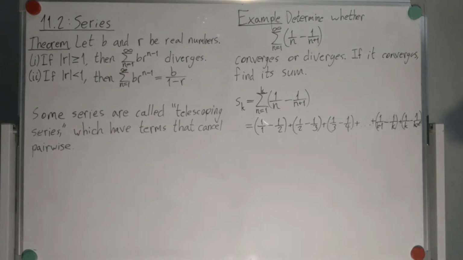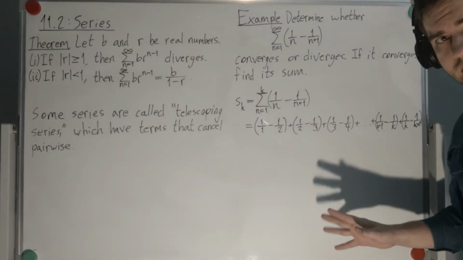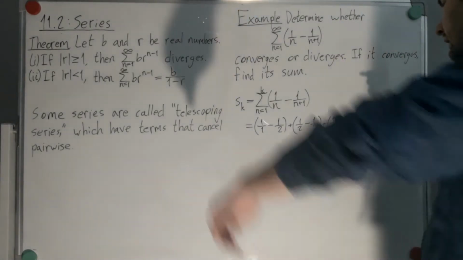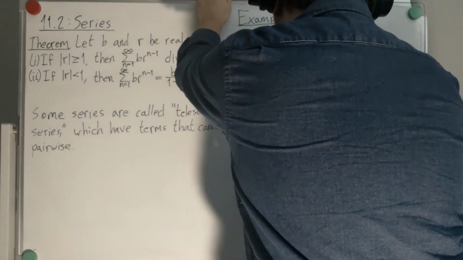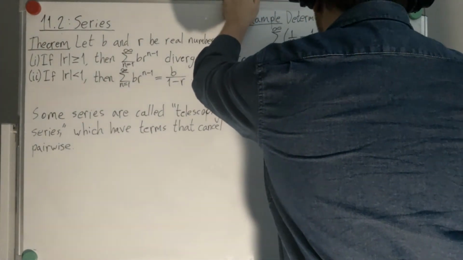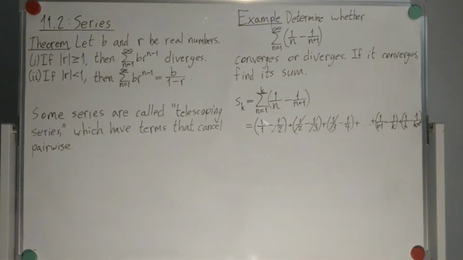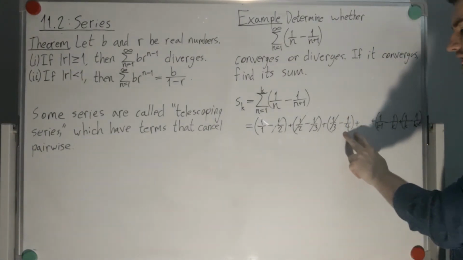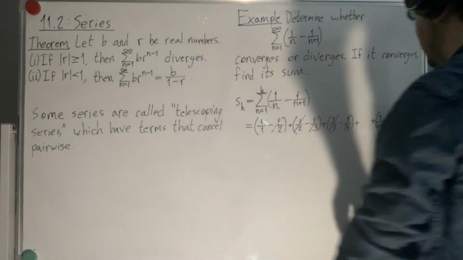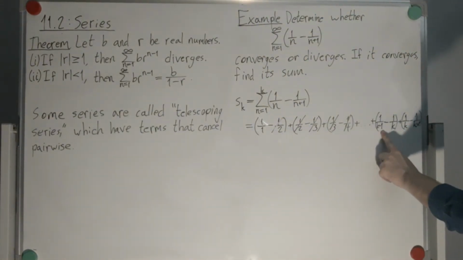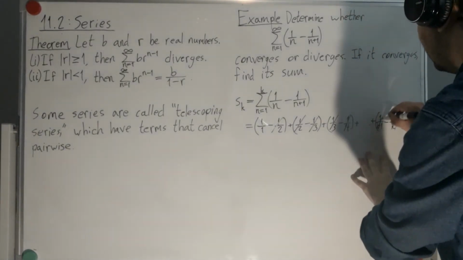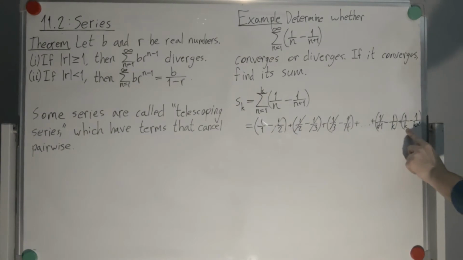All right, now, let's just examine what we're looking at here. Correct me if I'm wrong here, but I'm thinking this negative 1/2 cancels with this positive 1/2, and this negative 1/3 cancels with this positive 1/3, and this negative 1/4 is going to cancel with the 1/4 that appears in the next term, and then this 1 over k minus 1, that's going to cancel with something that appeared in the previous term, and then negative 1 over k, that's going to cancel with 1 over k.